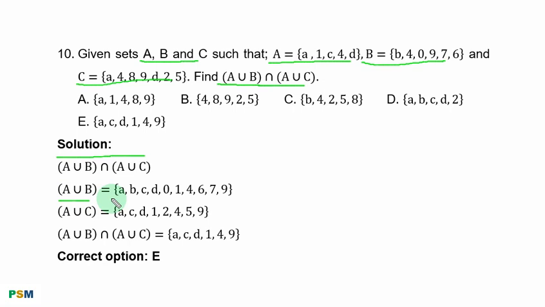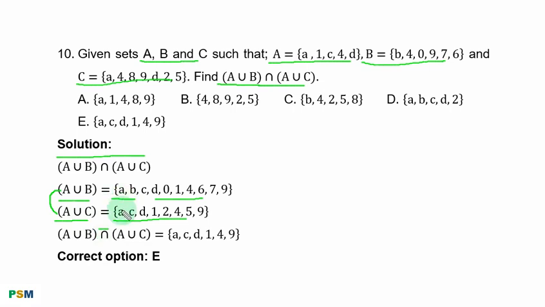You start with the letters, then the numbers. The second part is A union C, combining all the elements in sets A and C, avoiding repetition. You have these results. Then you compare these two sets under intersection, the common elements or elements to both sets.